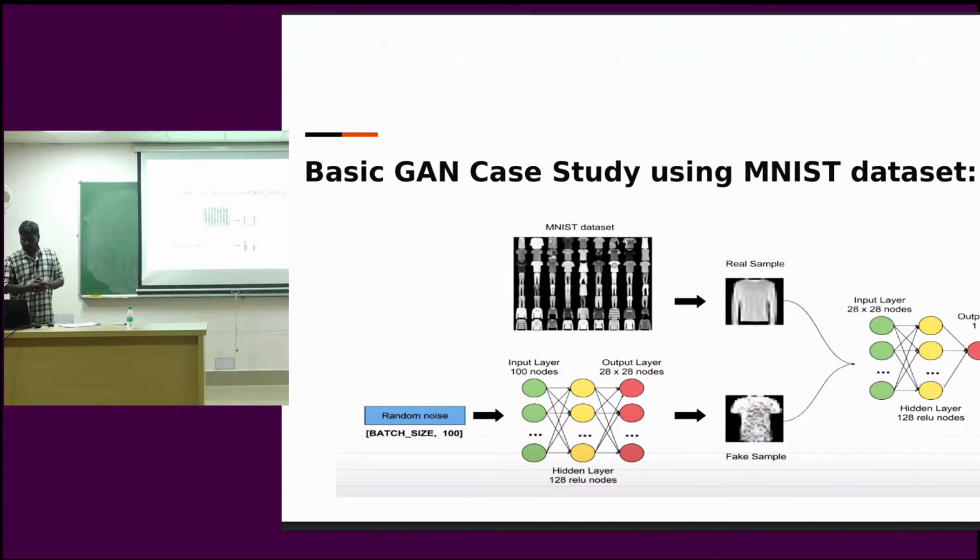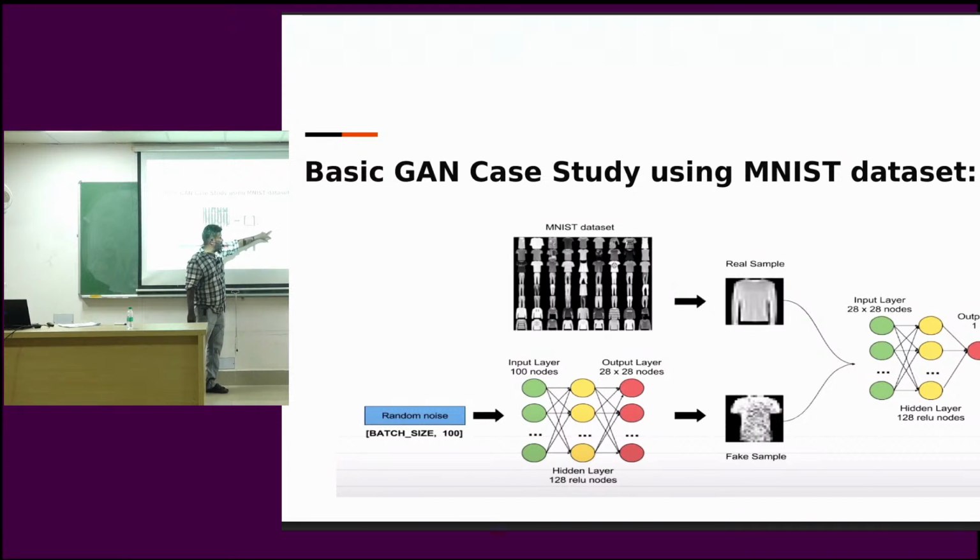Take the MNIST data, which consists of different digits. This is the input data, the original real samples, and we give one sample from the real samples to the discriminator.